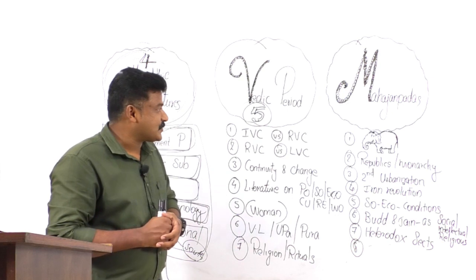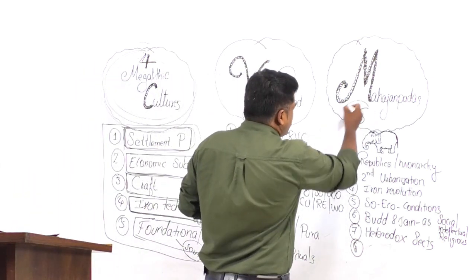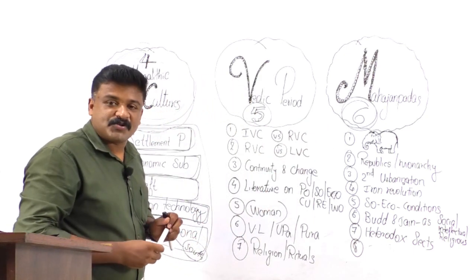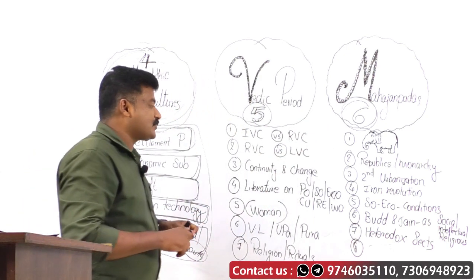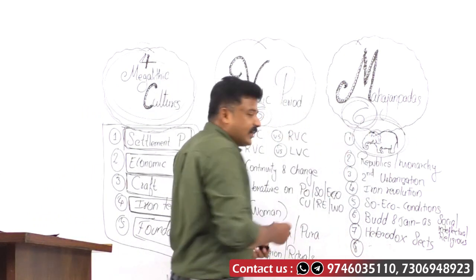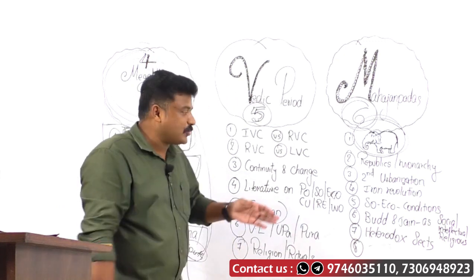Then coming to the sixth module, this is the age of Mahajanapadas, the 16 greater kingdoms. There you have to study about Magadhan imperialism. Alexander the Great, you will study about the Persian and Greek invasions also.